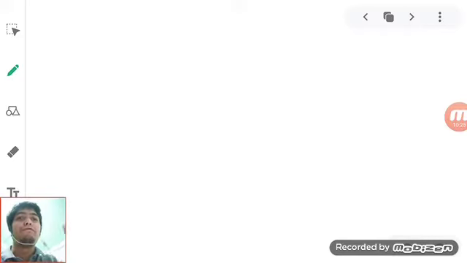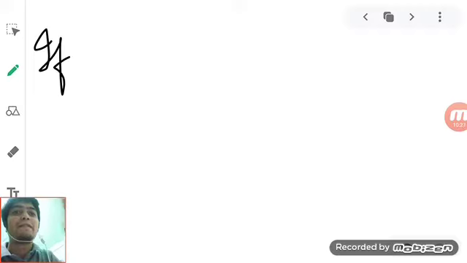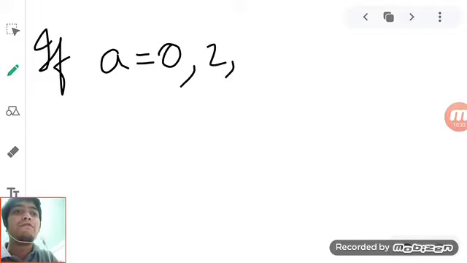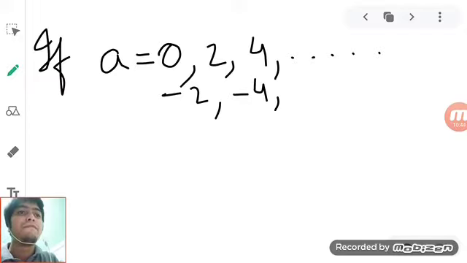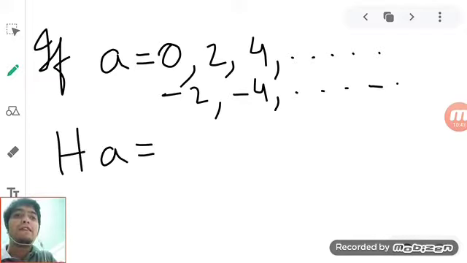So what can we say over here? If you continue the pattern, you will get that if a equals 0, 2, 4, and so on, and similarly minus 2, minus 4, you will get HA to be the same set.